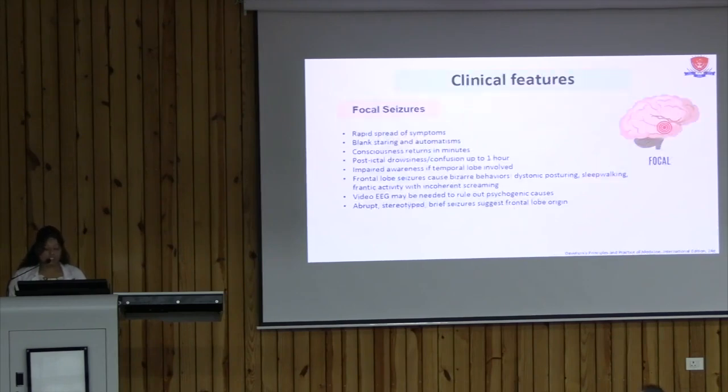Further proceeding towards the clinical features, focal seizures are characterized by a rapid spread of symptoms and often involve blind staring and automatism. When the temporal lobe is involved, impaired awareness is common. Frontal lobe seizures may present with bizarre behavior such as dystonic posturing, sleepwalking, frantic movements, and incoherent screaming.